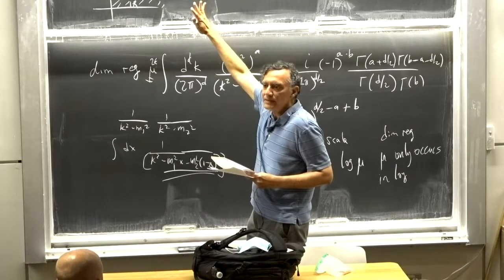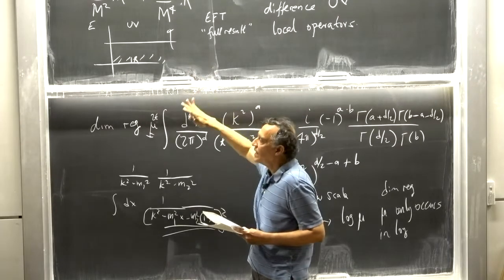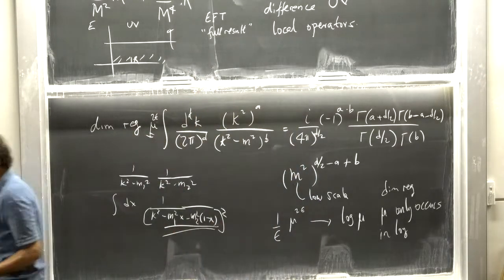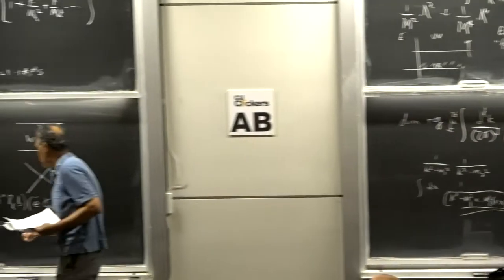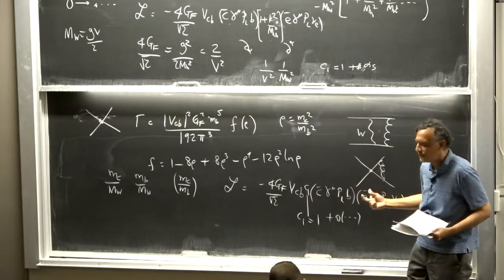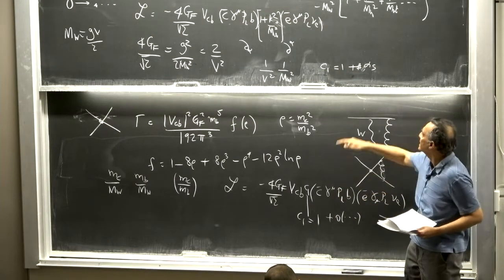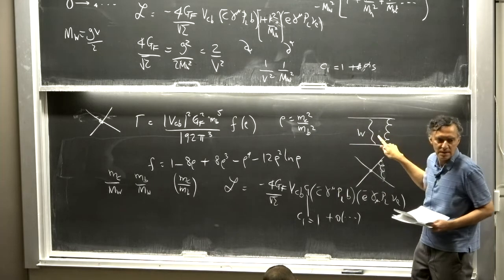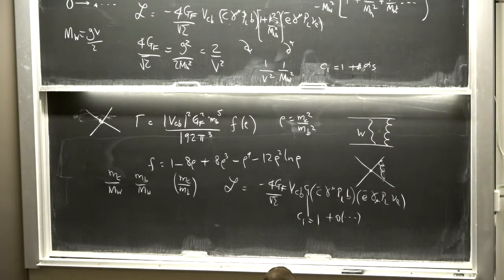The UV is maybe wrong, but it's local. So I'm going to fix that by adding in some correction to reproduce the fact that the UV of this operator is not the same as the UV of this whole thing.